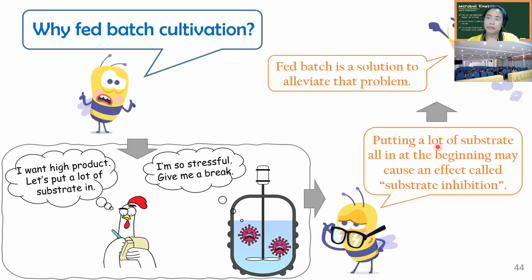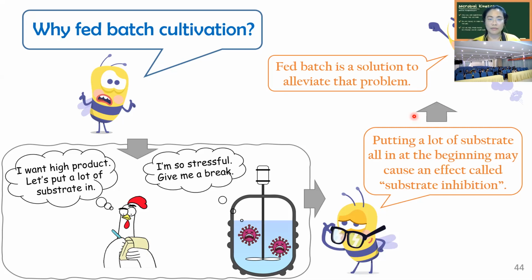Okay, so putting a lot of substrate in, if it has a substrate inhibition, fed batch is a classic solution to eliminate that problem. Okay. So that is the main point for using fed batch.